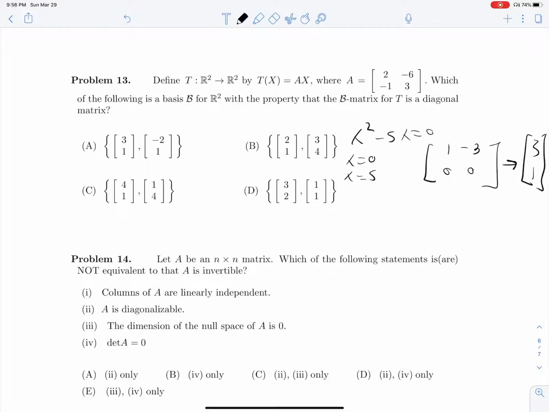And taking lambda equals 5, negative 3, negative 2, negative 1, negative 6 is the matrix that comes out. And we can simplify this down to 1, 1, 2, 0, 0. And that will give us an eigenvector of negative 2, 1. And so our answer, sadly, is A.